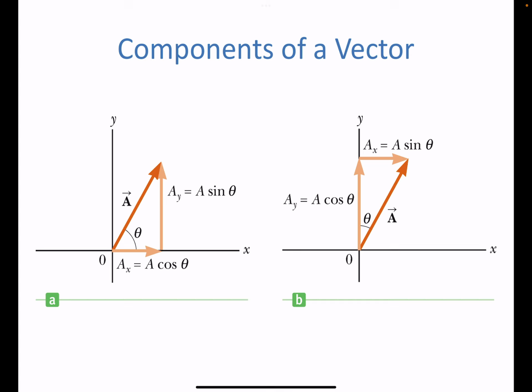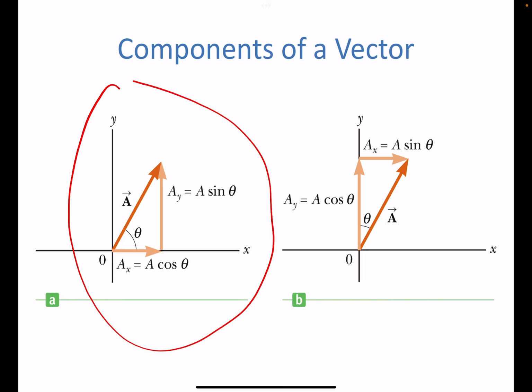So this gives us a better demonstration of what the x component of a vector is, which is magnitude times cosine theta. The y component is magnitude times sine theta. Now I would suggest you always use this, because we would call this angle of this vector theta.